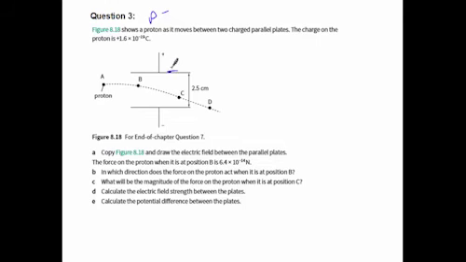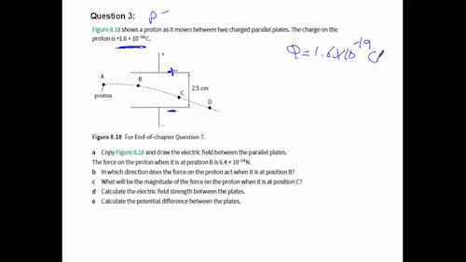This is the upper plate, which is positive, and this is the lower plate, which has negative charge. The charge on the proton is given in SI units: 1.6 times 10 to the minus 19 coulomb.